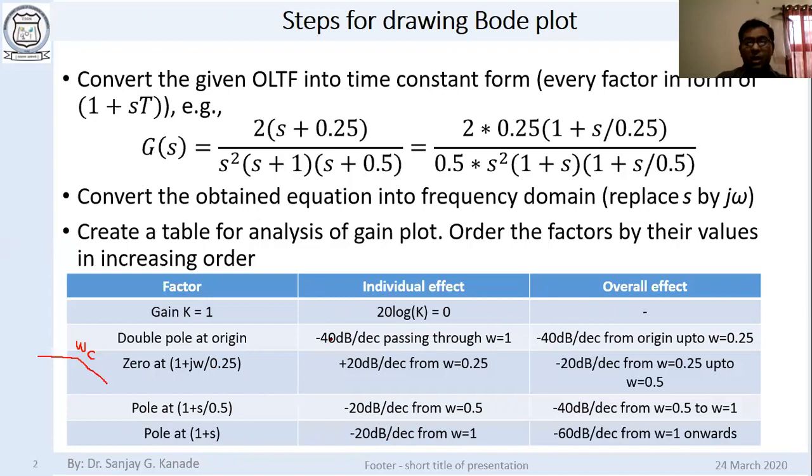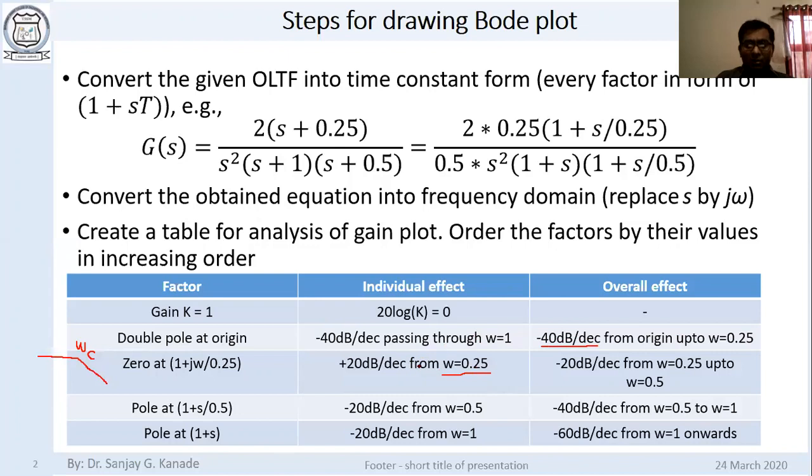The double pole is contributing a minus 40 dB per decade line passing through omega equal to 1. So from the beginning up to omega equal to 0.25, up to this point, it will cause minus 40 dB per decade.